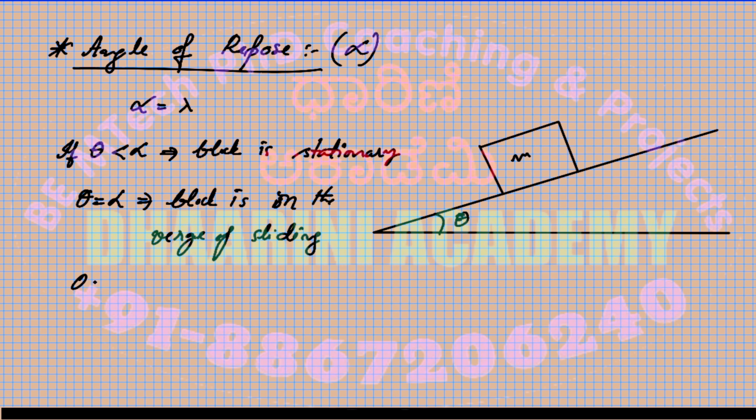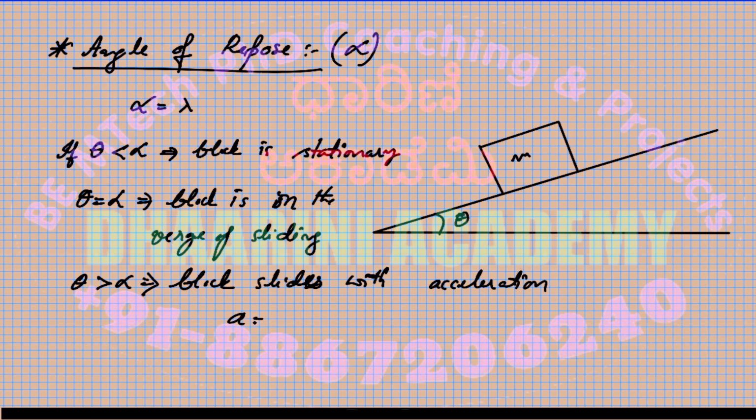And if theta is greater than alpha, this implies the block slides with an acceleration.